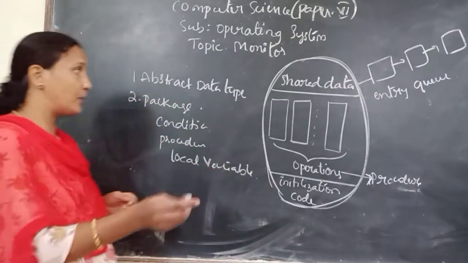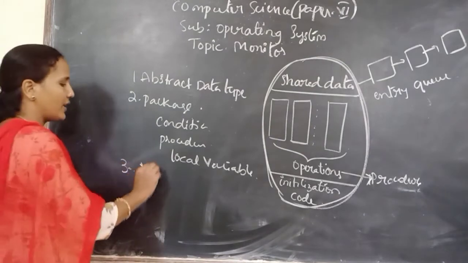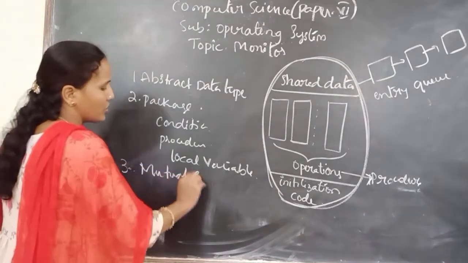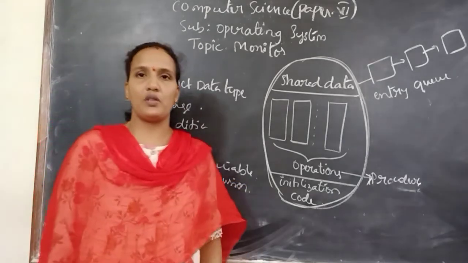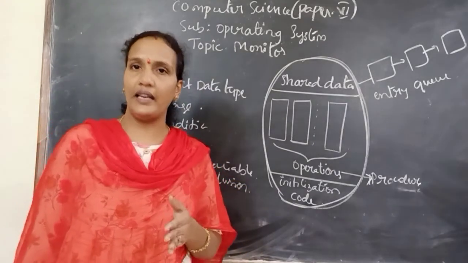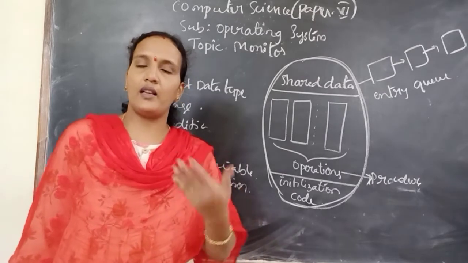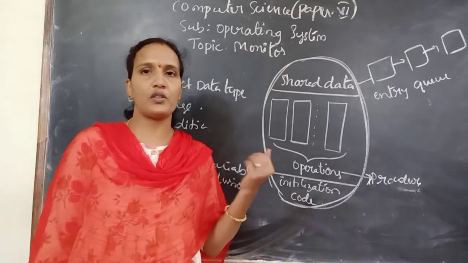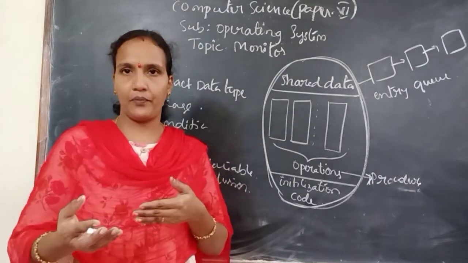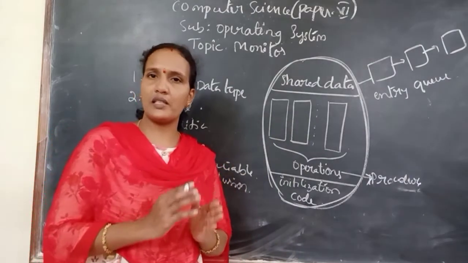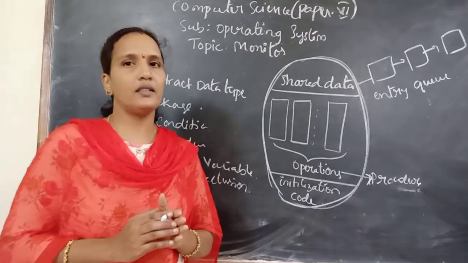The monitor is mainly used for mutual exclusion. Mutual exclusion means only one process can run inside the monitor. If any other process wants to execute at the same time, it needs to wait in a queue, that is, form a line, while one process is executing inside the monitor.